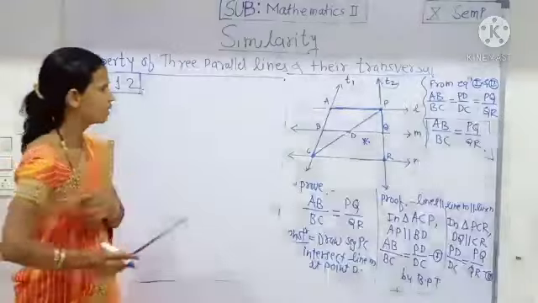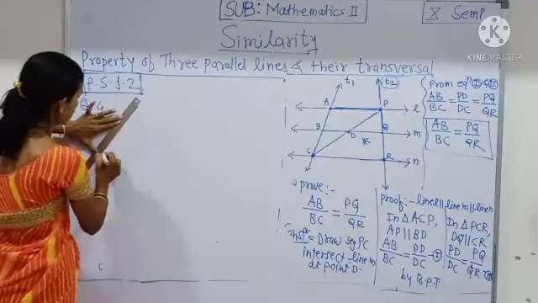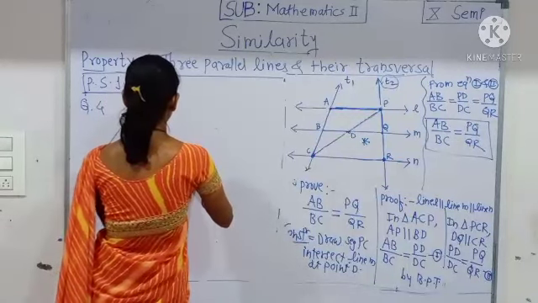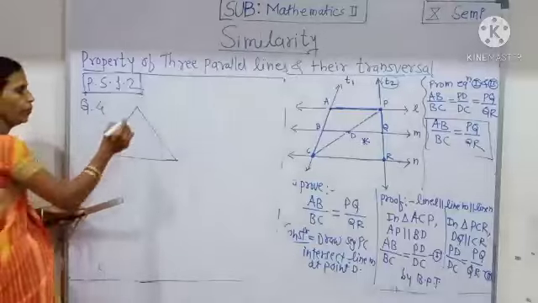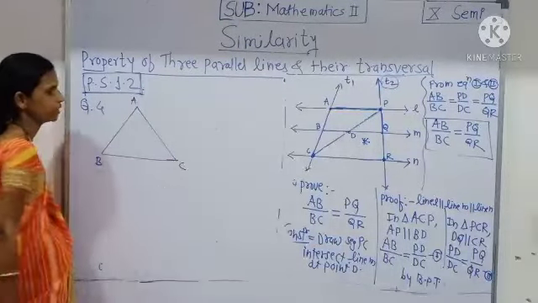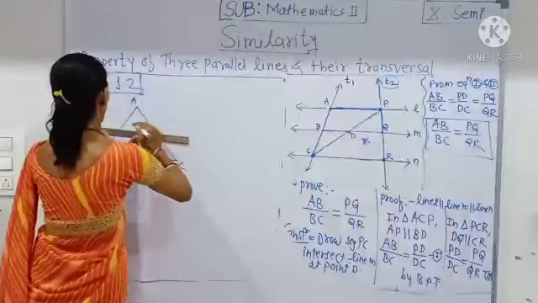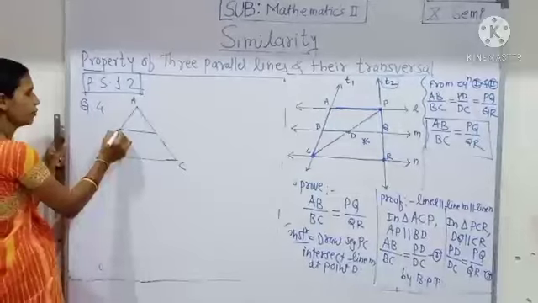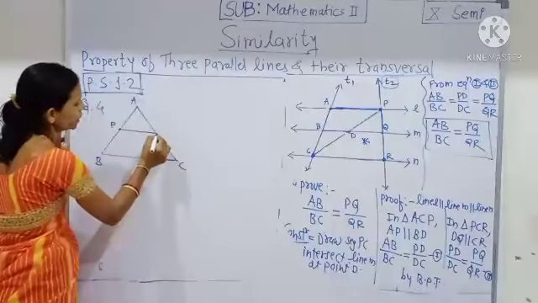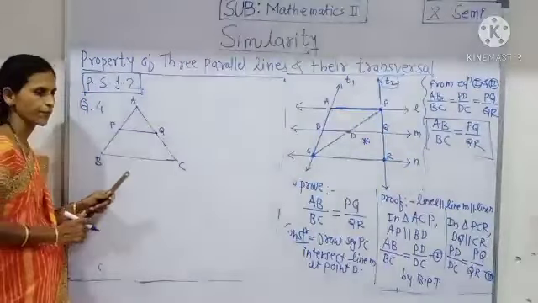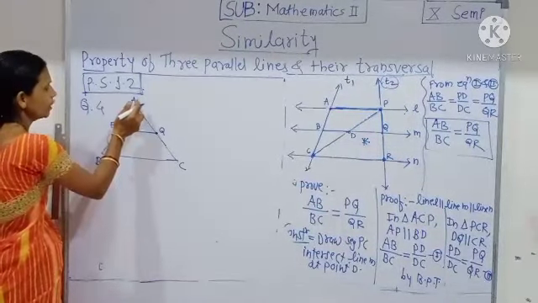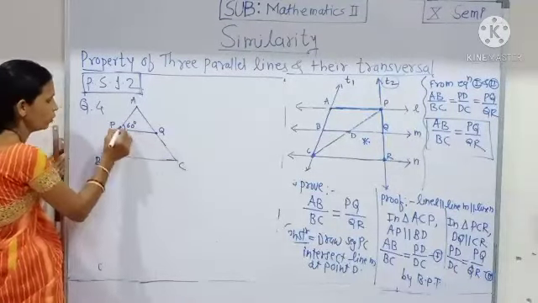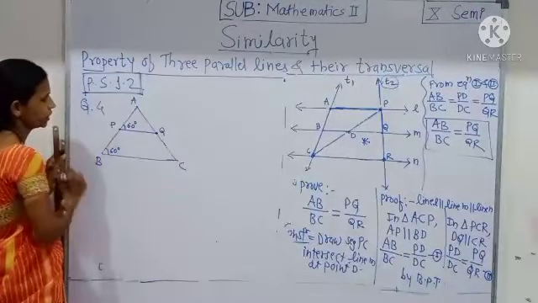Then see here in the figure, triangle ABC is given and PQ is the line segment which divides the side AB at point P and the side AC at point Q. Here the measurement of angle APQ is 60 degrees, and the measurement of angle ABC, or PBC, is also 60 degrees.